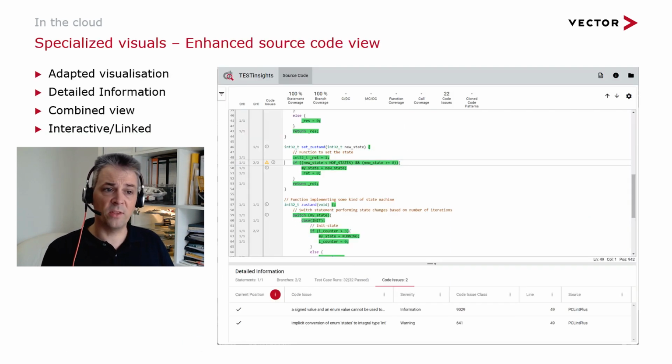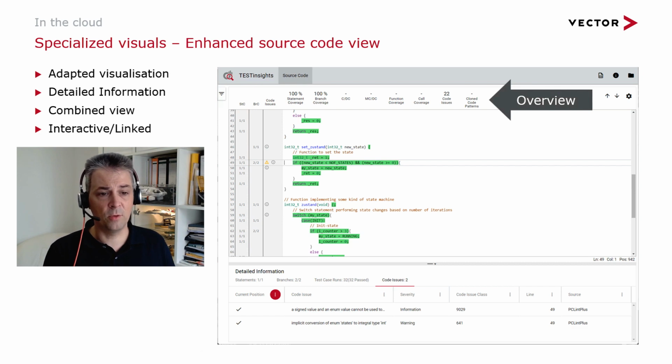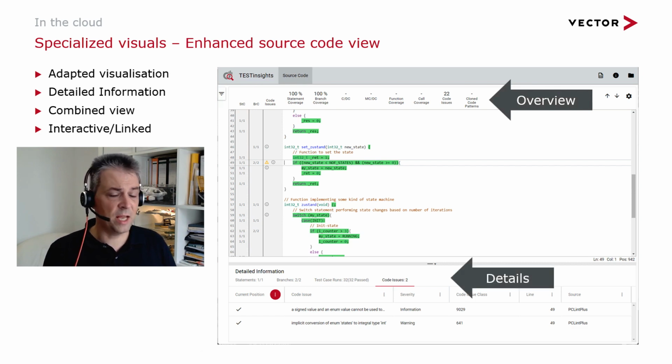What we can achieve with that is an enhanced source code view, for example. It's an adapted visualization with detailed information, but it is also a combined view that is interactive. Here, on top, we have an overview of the different metrics. Below, we have the details like the coverage information and the code findings, and we have the source code view in the middle.